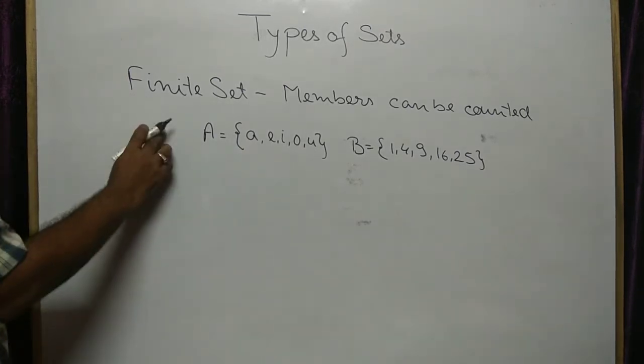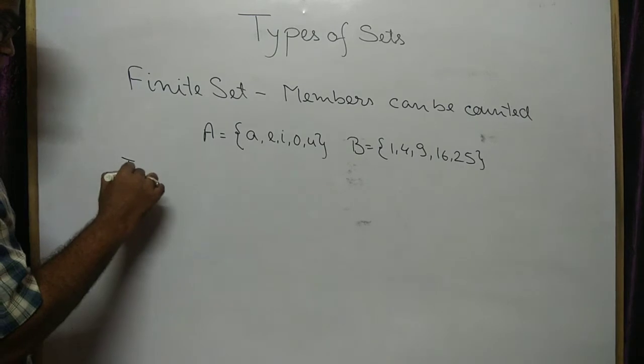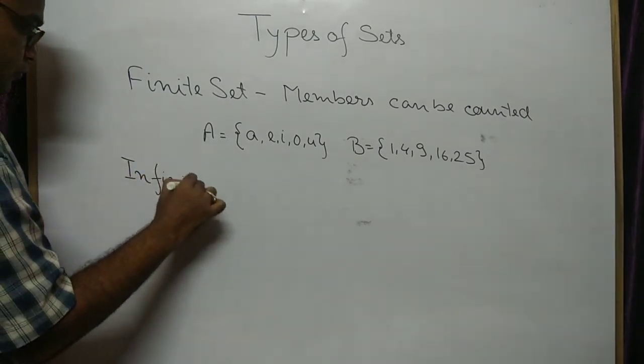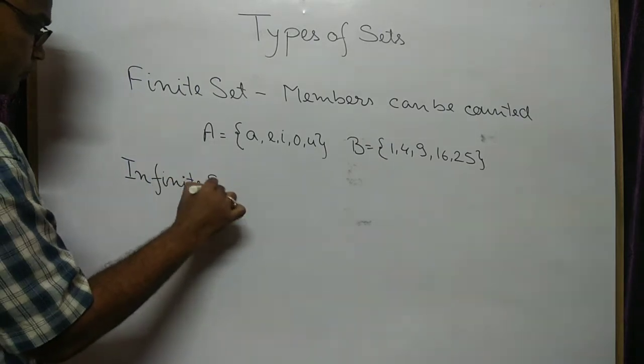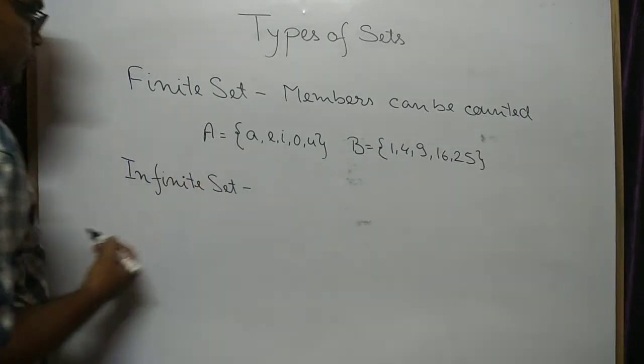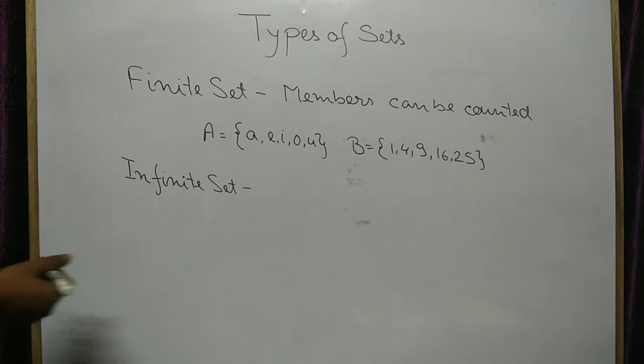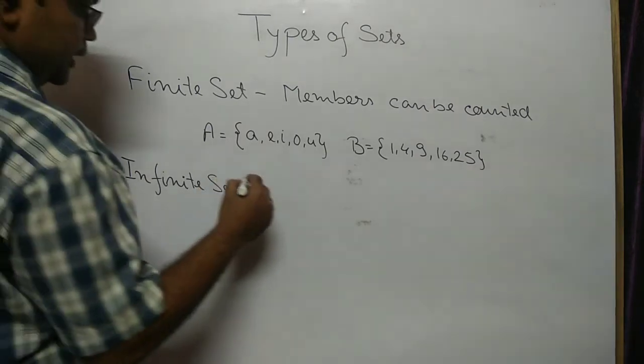Opposite to the finite set, we have an infinite set. As the name defines, we are unable to count the members, or we can say that members are unlimited.